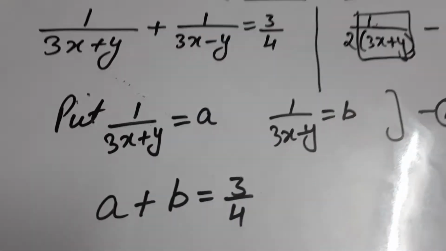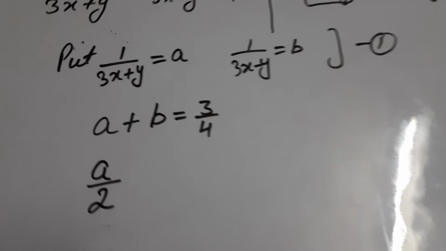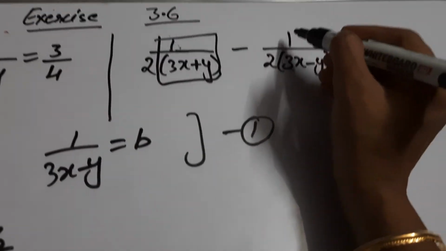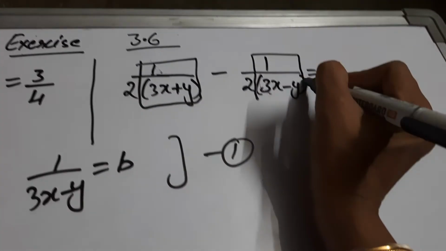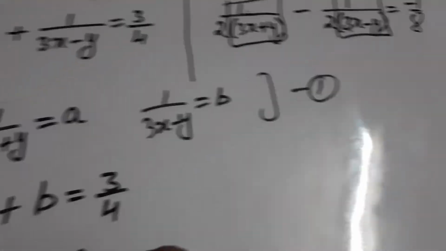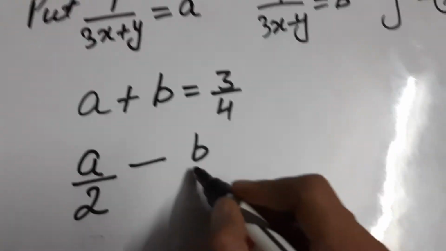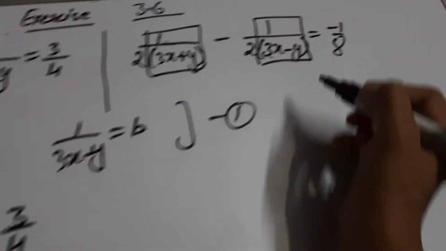Now 2 is in the denominator, so we'll put it in the denominator. Minus again see 1 by 3x minus y, this will be written as b, and now 2 is again in the denominator, we'll place it in denominator, is equal to minus 1 by 8.